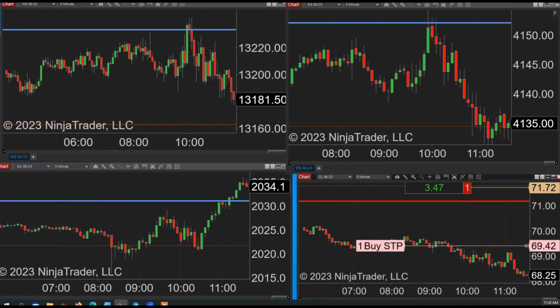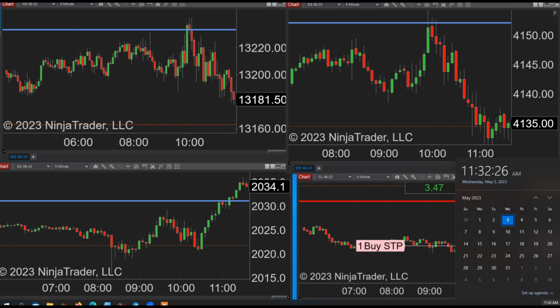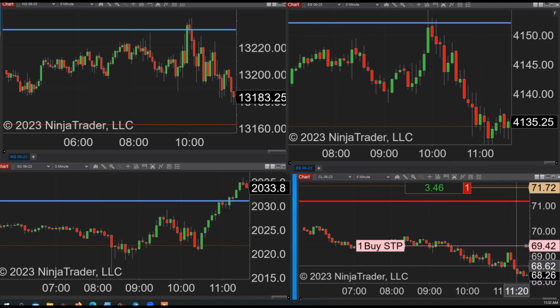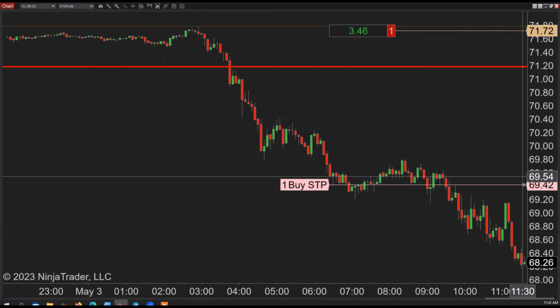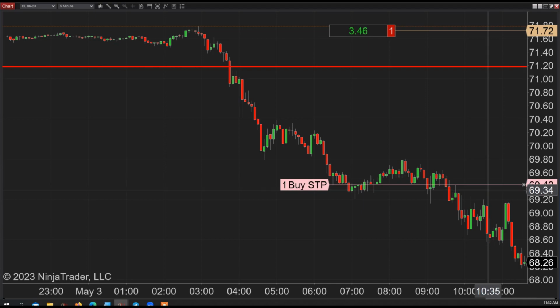So I am still in this oil trade, hours now, but still you see market continues to go lower. Let me enlarge the chart here. So you see me taking a short right below the halfway point and then just trailing it down.